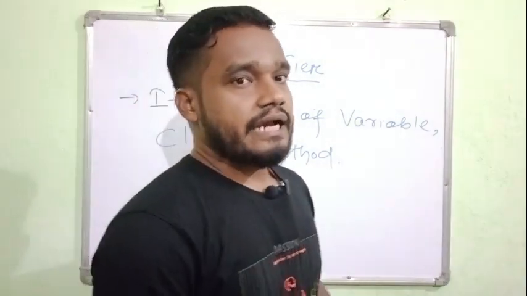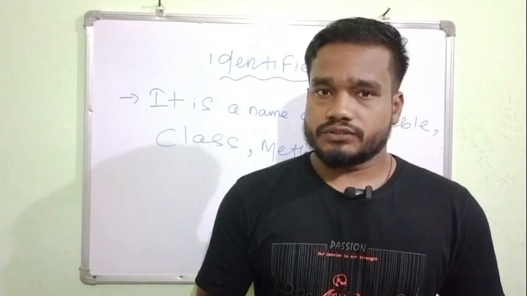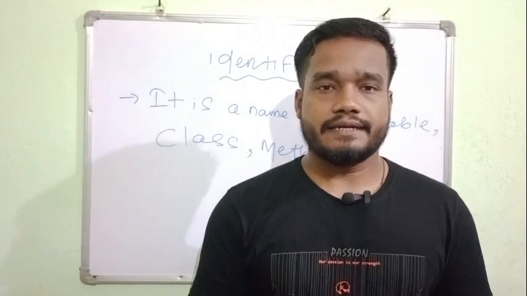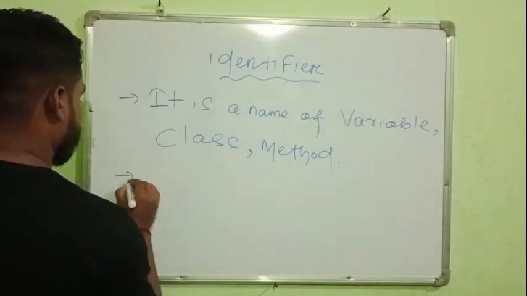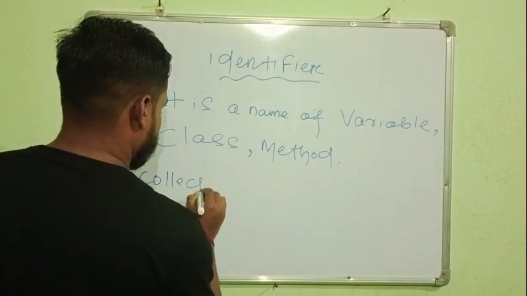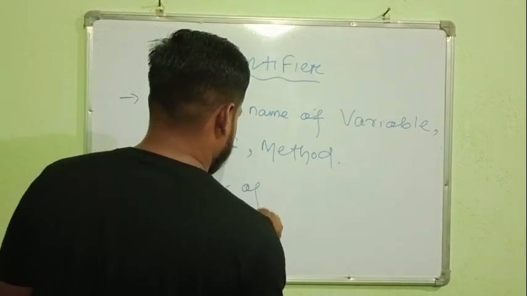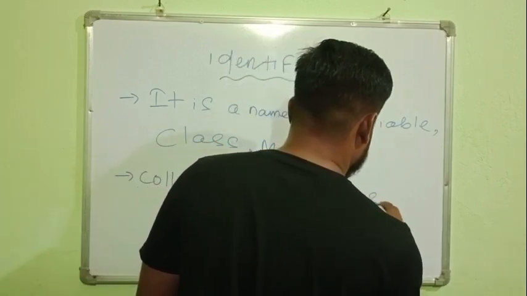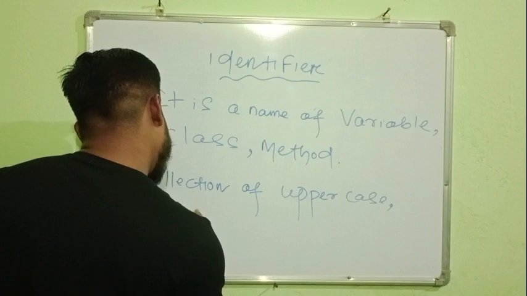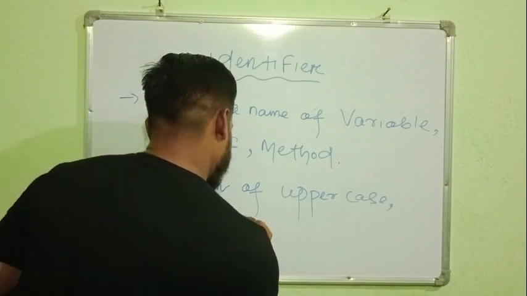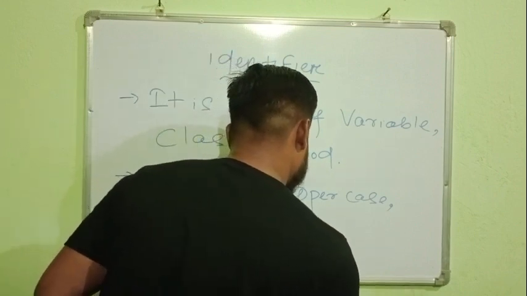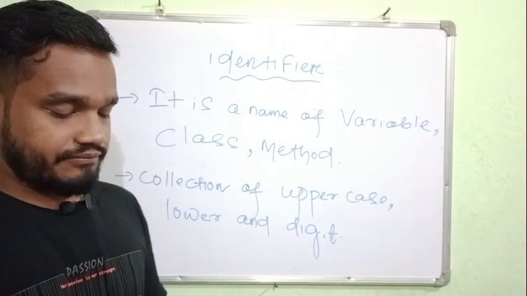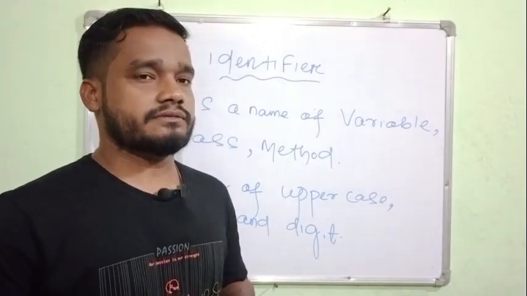Second point is identifier is a collection of character like uppercase, lowercase, and digit. So this is the definition of identifier.